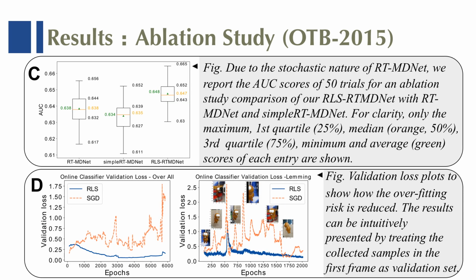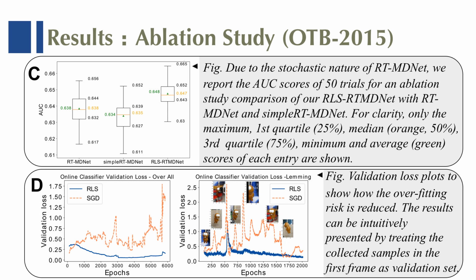We see a statistical improvement over the baseline by running the entries 50 times due to the stochastic nature of RTMDNet, to intuitively show how the overfitting risk is reduced at each epoch of the updating.